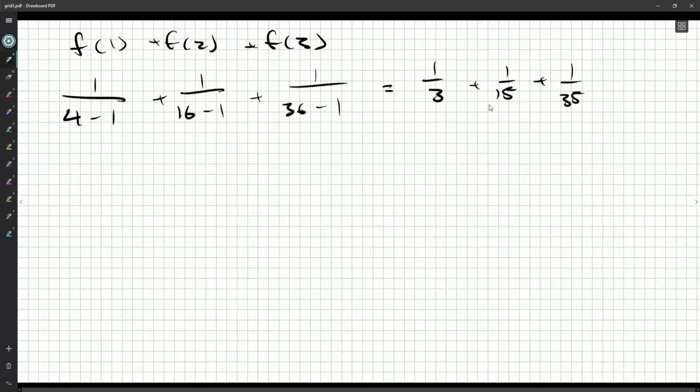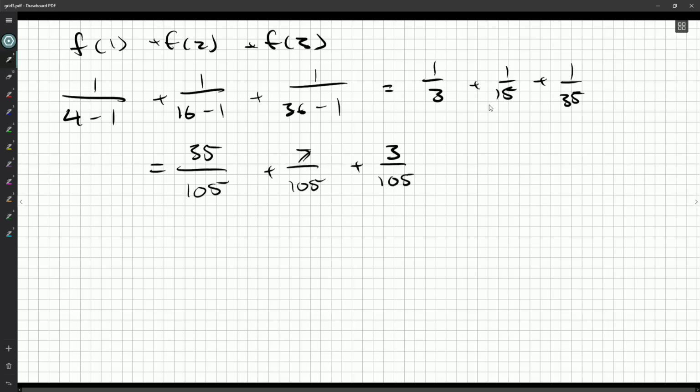Okay, well, we could get a common denominator here. Let's do that. So common denominator of 105, you'll get 35 over 105 plus 7 over 105 plus 3 over 105.